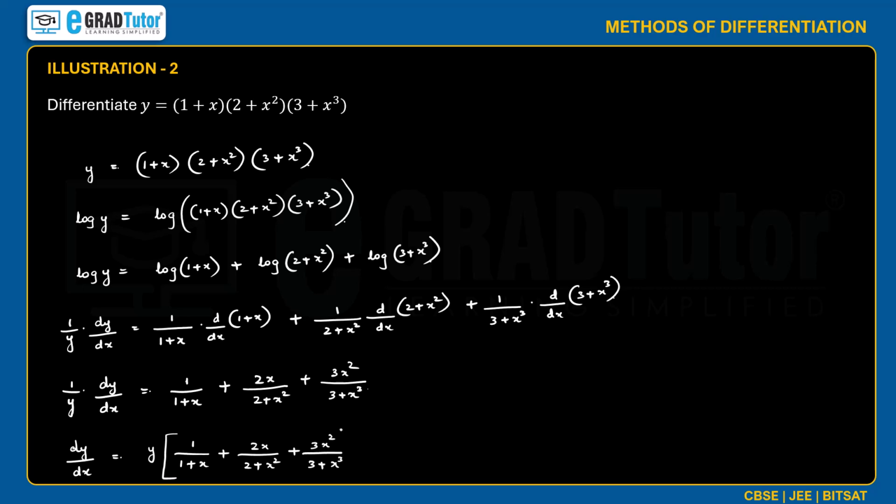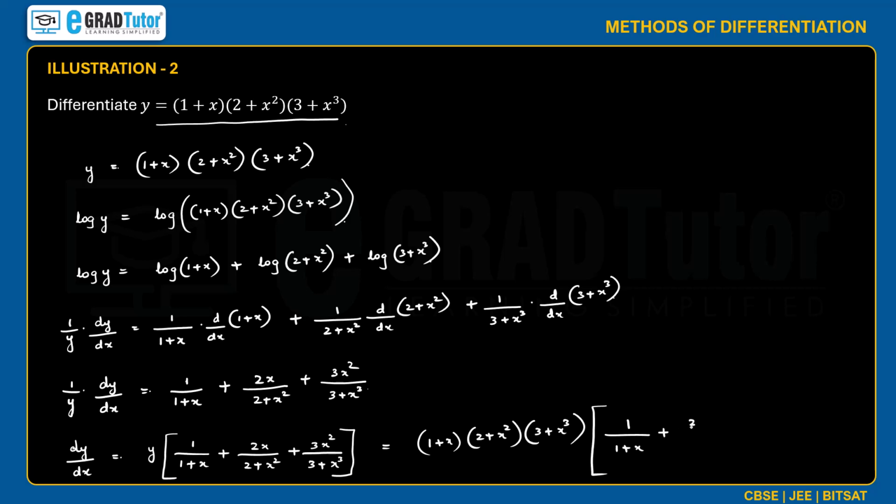Okay. Now substitute y. y is given as 1 plus x into 2 plus x square into 3 plus x cube into 1 by 1 plus x plus 2x by 2 plus x square plus 3x square by 3 plus x cube.